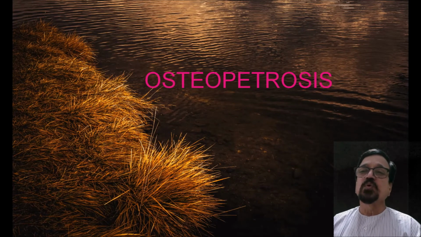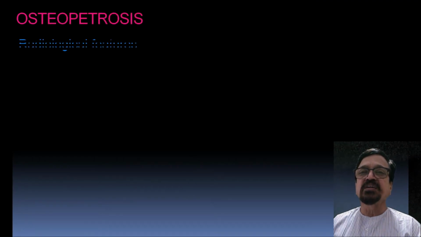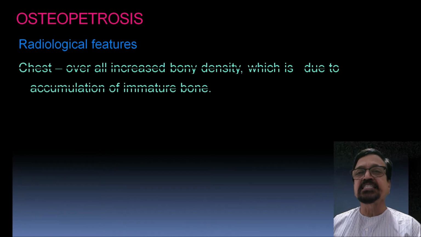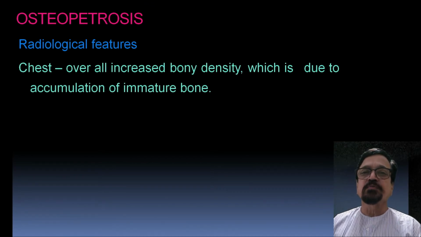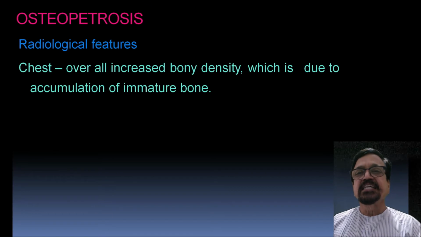Now let us come further in skeletal dysplasia, that is osteopetrosis. It is another common condition which we must diagnose on a radiological basis. It is seen in clinical practice and should not be missed. In that, the chest overall shows increased bony density, which is due to accumulation of immature bone.